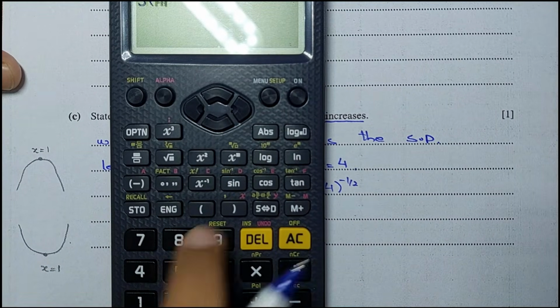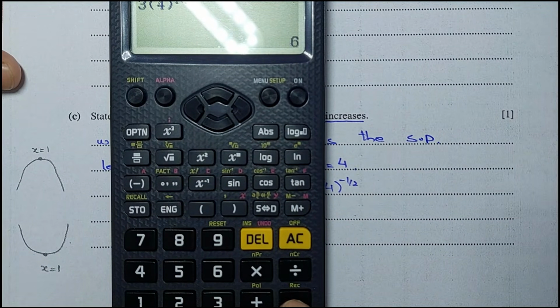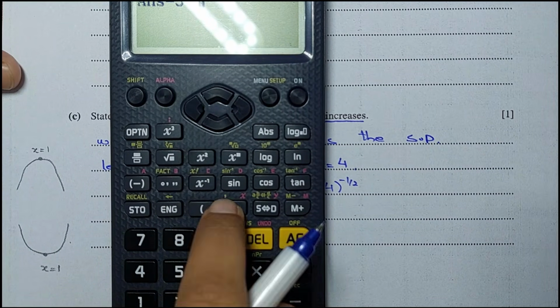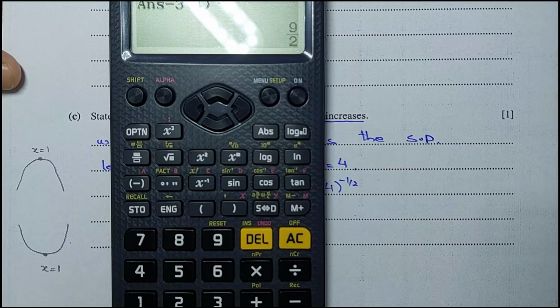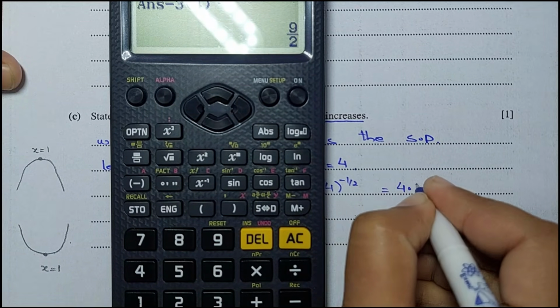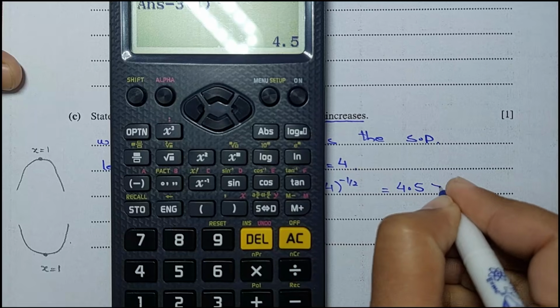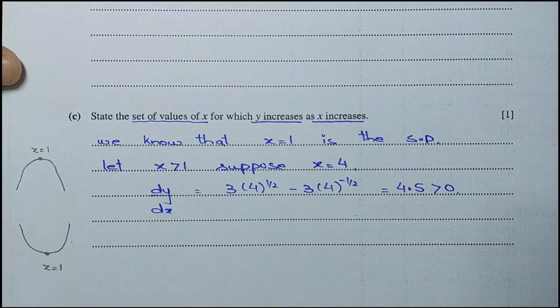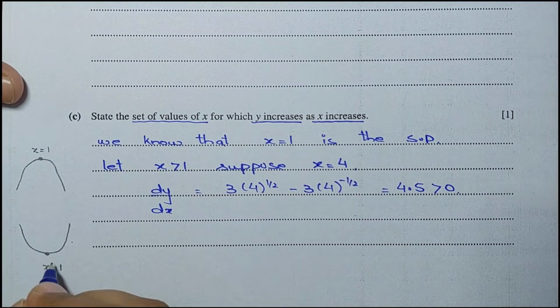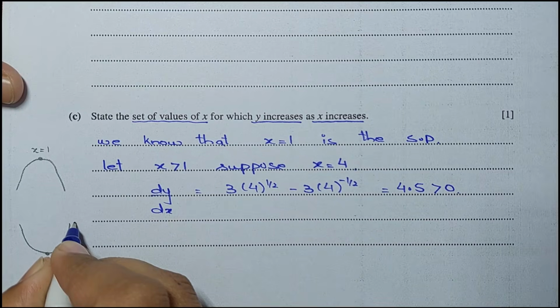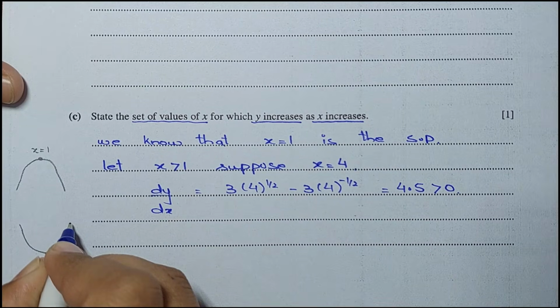That is 9 by 2, which is 4.5, and this is greater than 0. It is positive. So as you can see, when the x value increases, the y value increases, right?